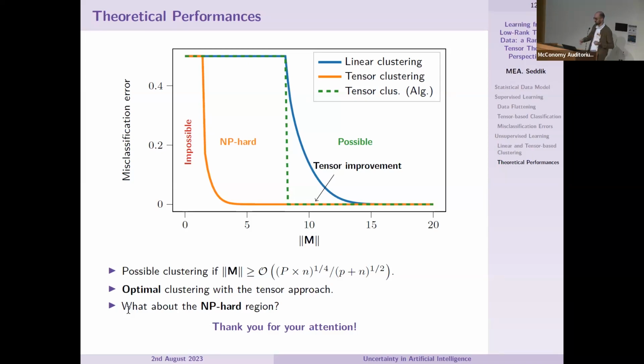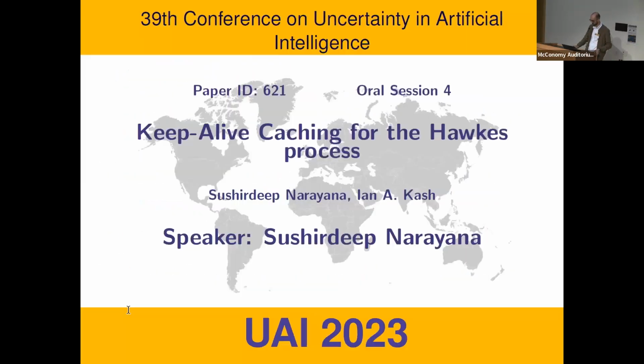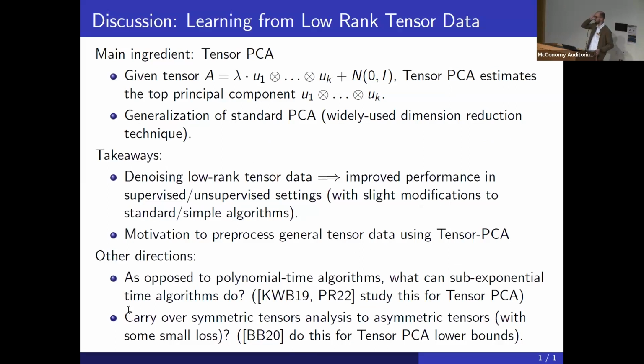So yes, of course we can use sub-exponential time algorithms to have some good initialization and then improve the estimation based on this. For the second question, I'm sorry, but we can discuss later maybe. Thank you.